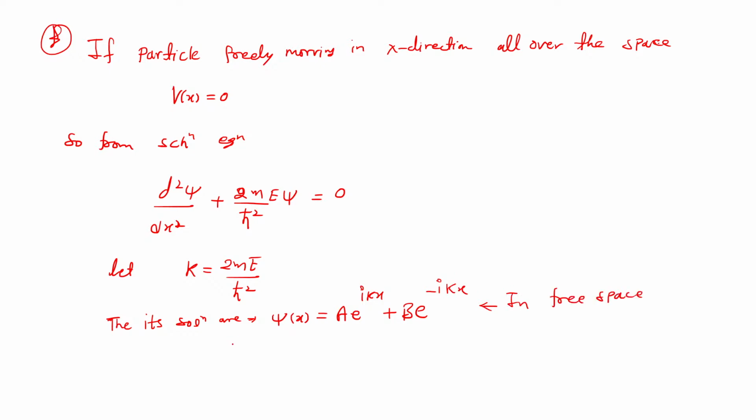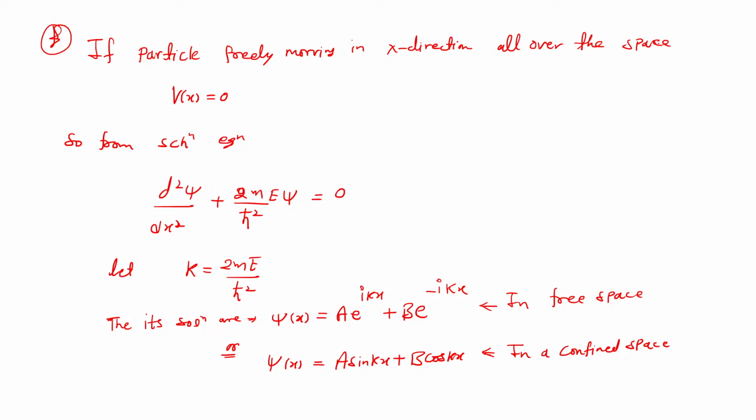And you can get psi x as a sin kx plus b cos kx if your space is quite confined. It's not like infinite going, just a confined space. So this is very interesting.